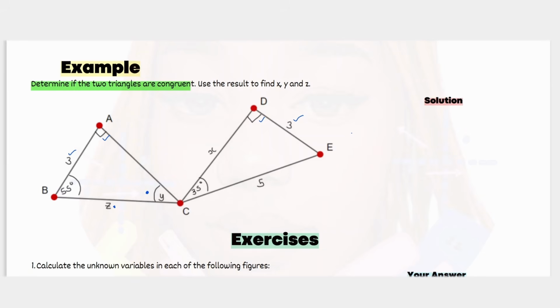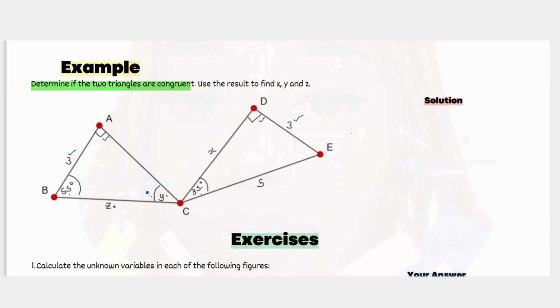If we find the unknown of y, we know it can relate to this one, because here they give us 35 and here is 55. So if this one is 35, it's going to match with this one. I feel like that is the easiest way to do it, to find this value here. And that is going to be our third statement. So let's find that value. We know the sum of angles in a triangle is equal to 180.